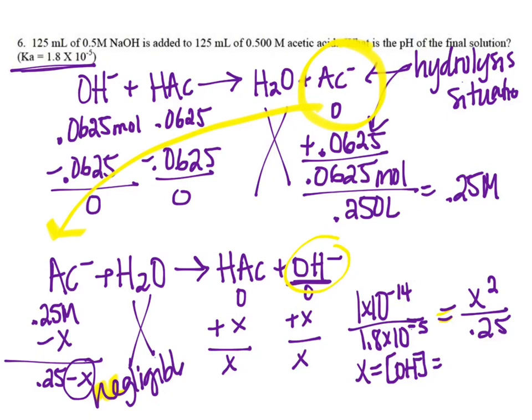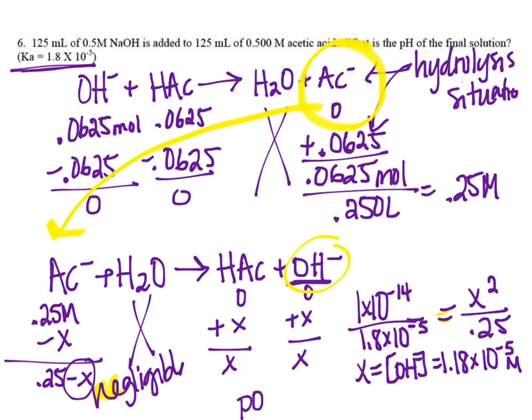Kw equals Ka times Kb. Yes. 1.18 times 10 to the negative fifth molarity. So now, using our OH concentration, we need to find our pH.